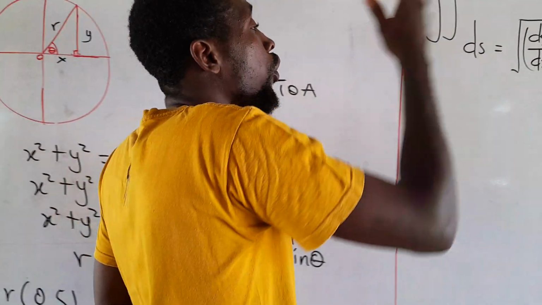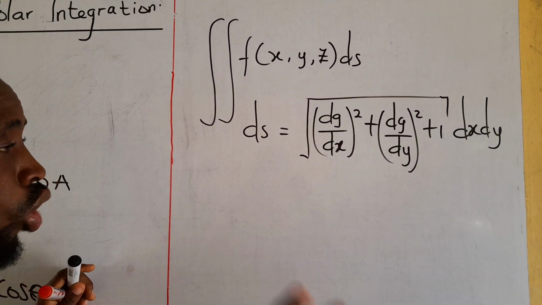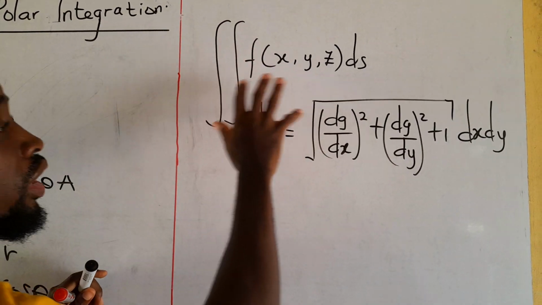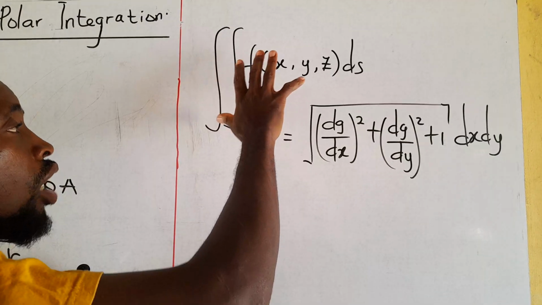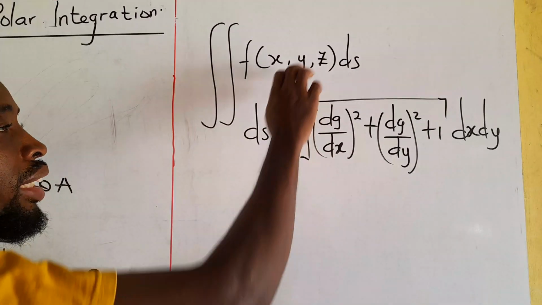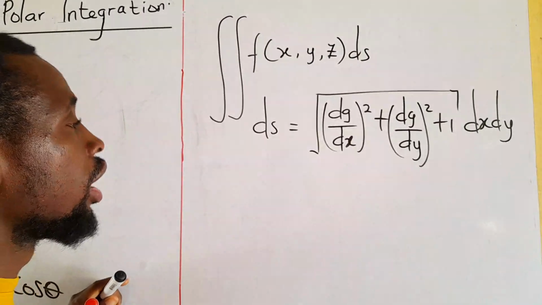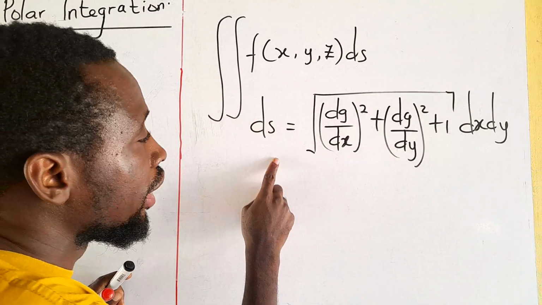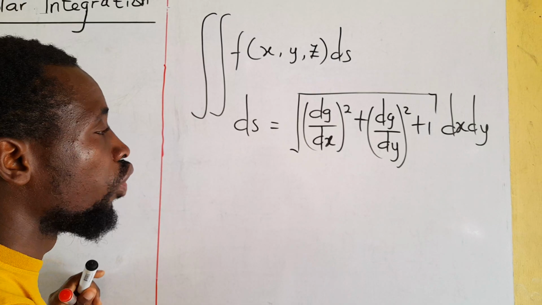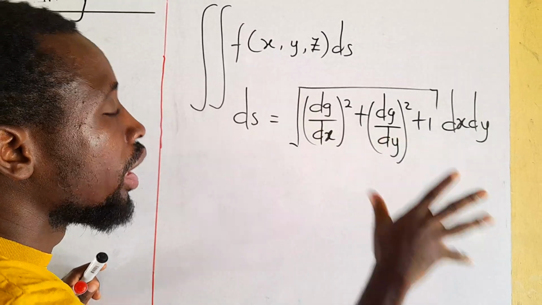Also, if you watched that video where we have a surface integration problem that leads to normal integration, we said that our surface integral gives us the double integral of a function depending on x, y, z, dS, where z is also a function depending on x and y. We said that dS is equal to the square root of (dg over dx) squared plus (dg over dy) squared plus 1, dx dy.